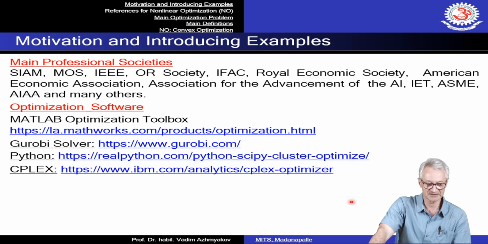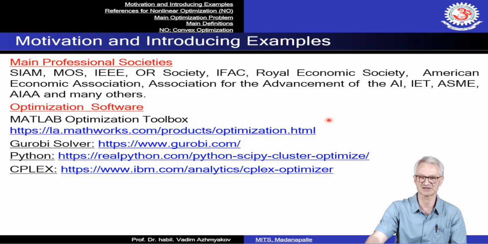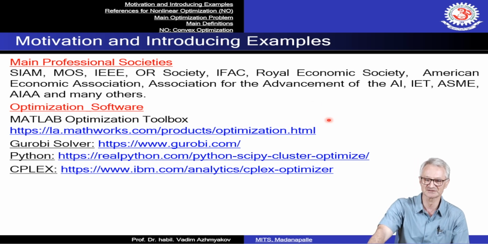This fact also implies the existence of many professional societies that deal with classical optimization, advanced optimization, numerical methods, and advanced numerical methods. I have indicated here some main professional societies.